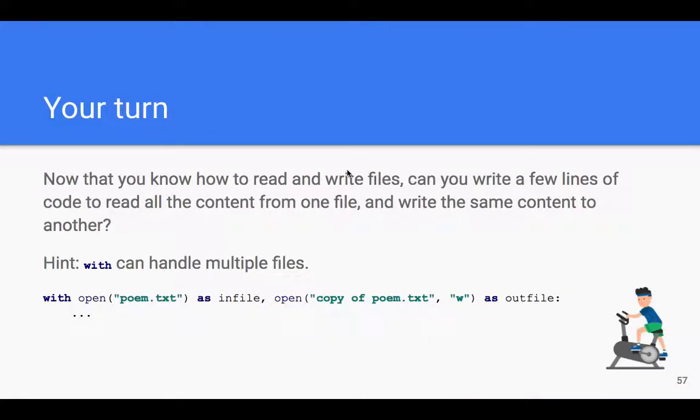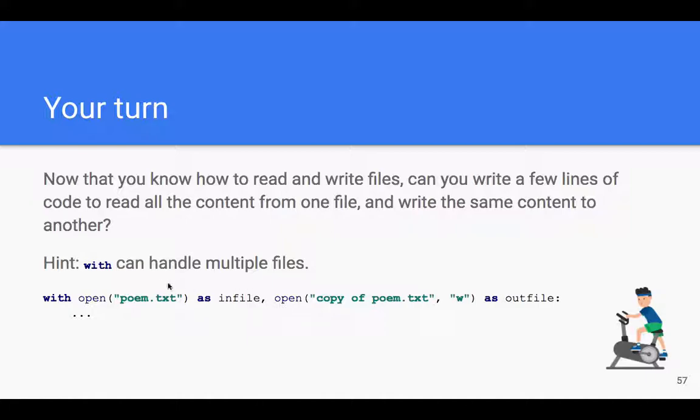Okay, moving on. Now that we've learned both to read a file and write a file, can you write a few lines of code to open a file, read all of its content, and then write all of its content back to another file? This is just kind of like copying. And I'm going to give you a hint how to do this, and that is using the keyword with.